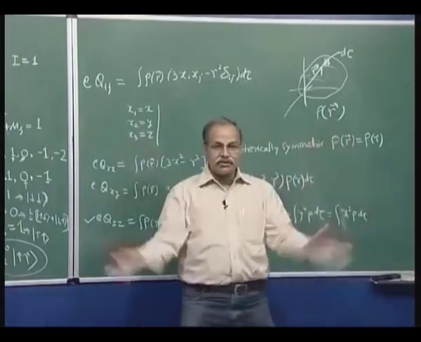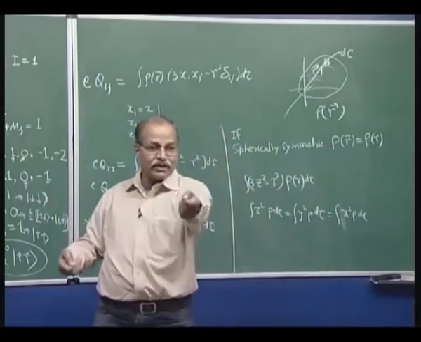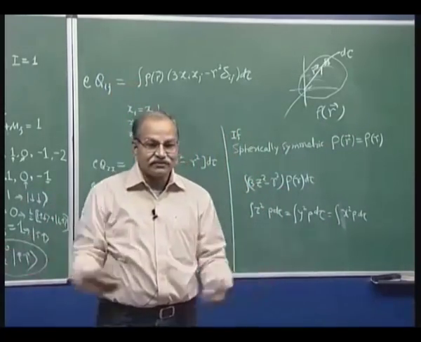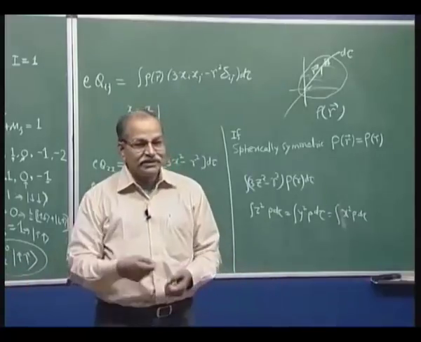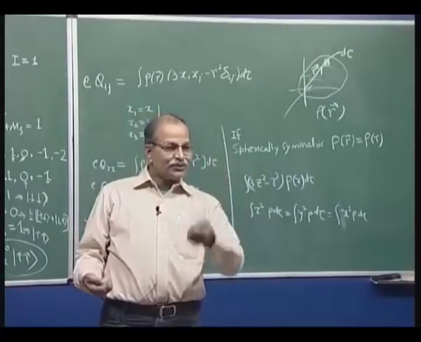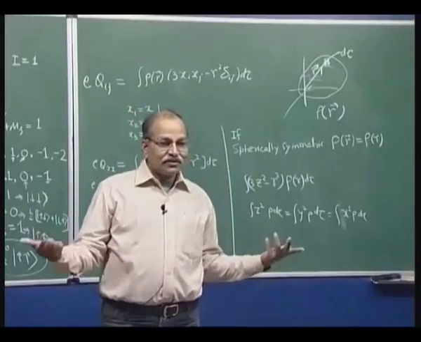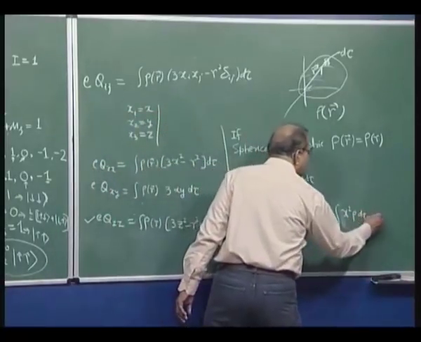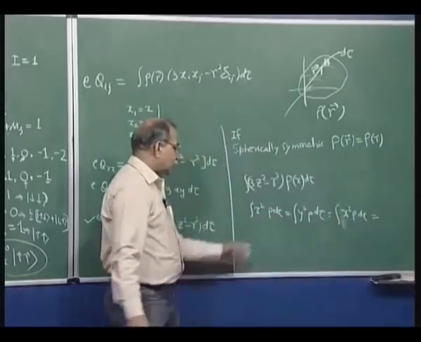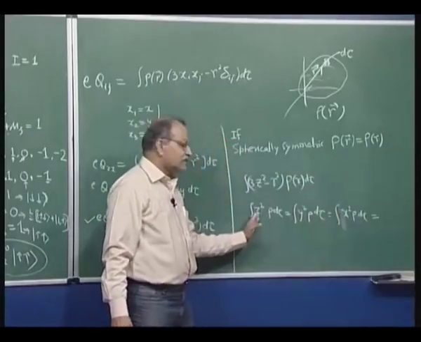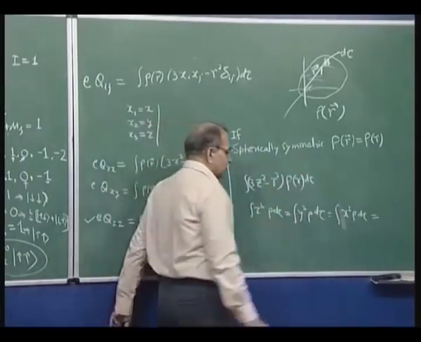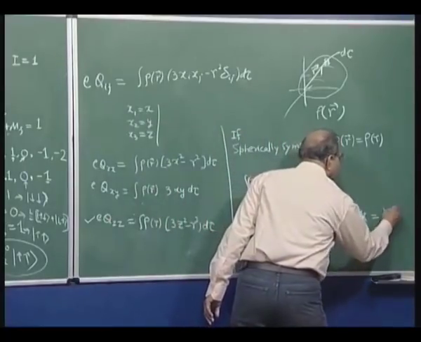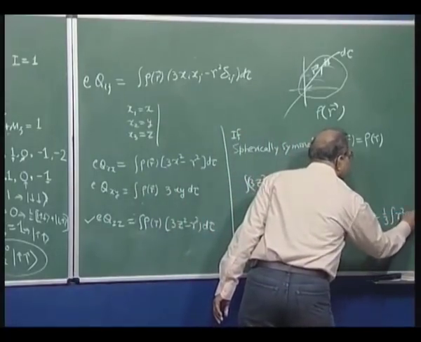Because it is spherically symmetric, this x axis, y axis, z axis, they are all equivalent. So, x square rho d tau, y square rho d tau, z square rho d tau, they are all the same, and if you add these three, you will get x square plus y square plus z square, that is r square rho d tau. So, each of them should be 1/3 of r square rho d tau.